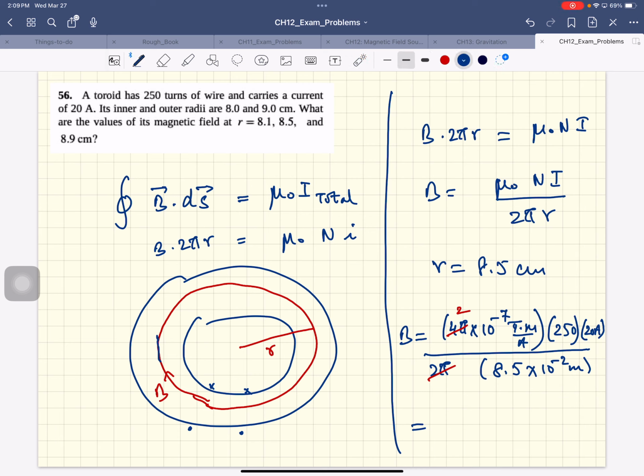Okay, so 10 to the minus 3 Tesla, 2 times 2.5 times 20 divided by 8.5.